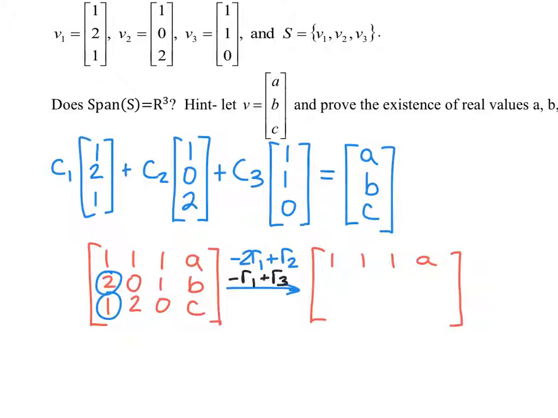The first entry is going to be 0, because that was the whole point. Second entry will be -2. Then we'll have a -1. Fourth entry, a little bit of a different story. It's going to get ugly. Ugly's okay, though. B minus 2A. Yeah, B minus 2A.